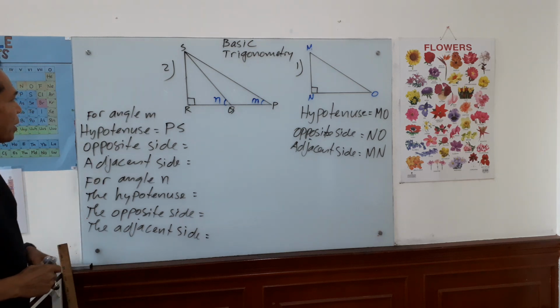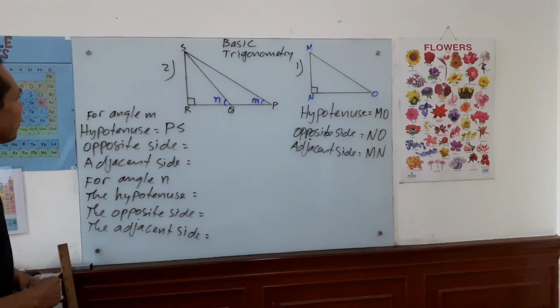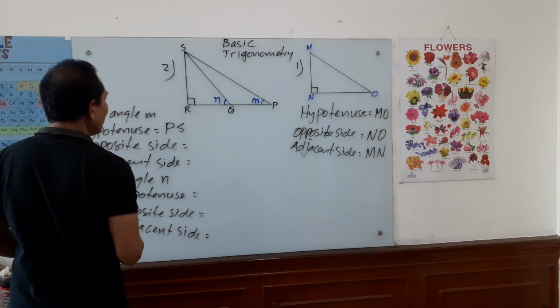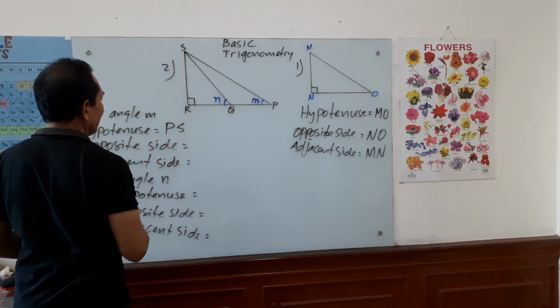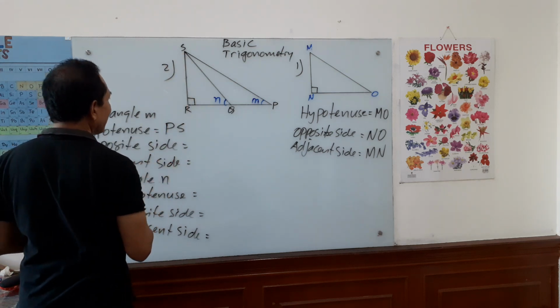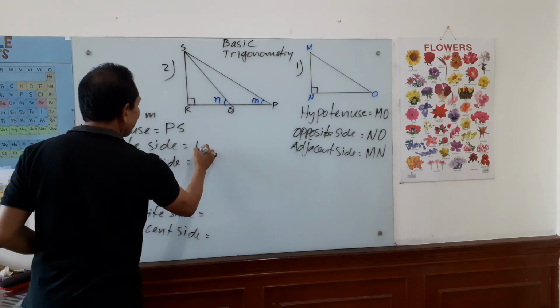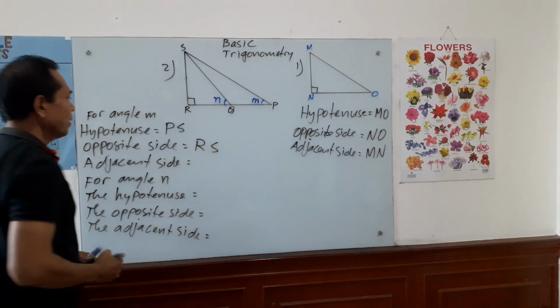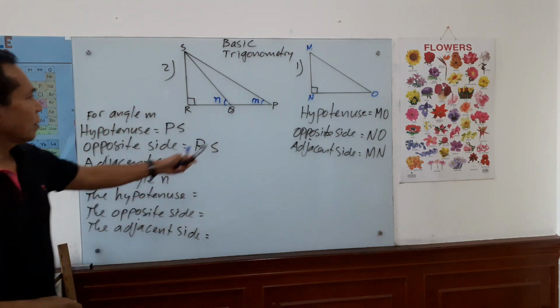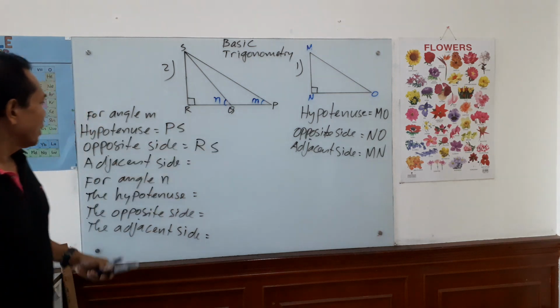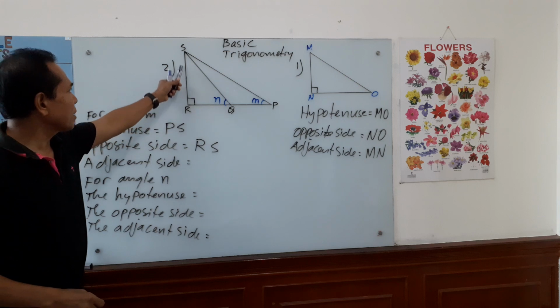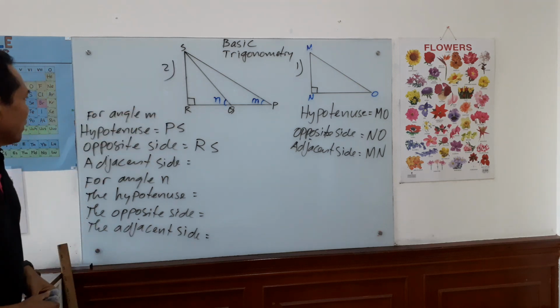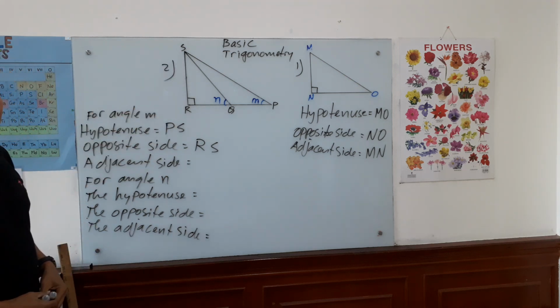Now, what's the opposite side? We look here, we have RS here. So the opposite side is RS, this vertical side here, still with angle M. And where is the adjacent side?